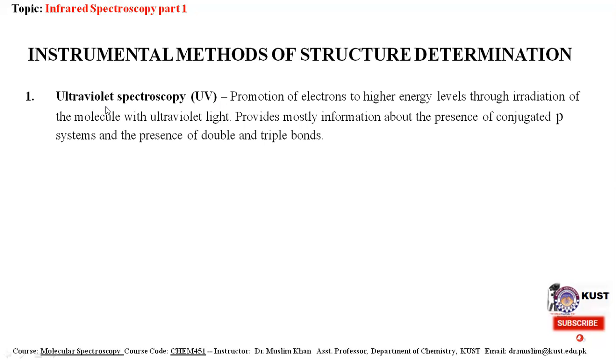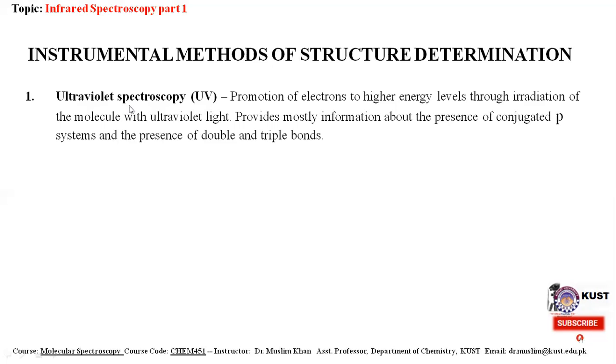One of the spectroscopic methods is ultraviolet spectroscopy, shortly called UV spectroscopy. We have discussed this spectroscopy in detail. What happens in UV spectroscopy? Promotion of electrons.